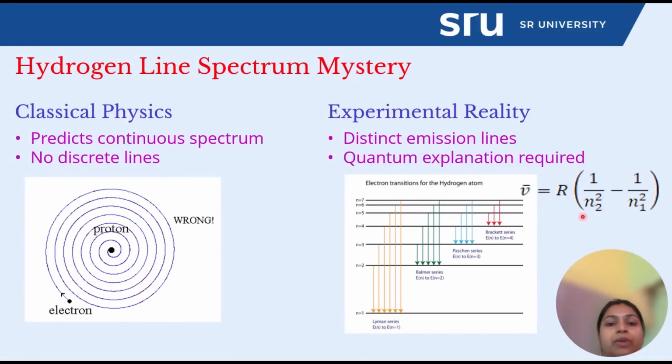So we can conclude that the hydrogen line spectrum posed a profound challenge to classical physics. It hinted at a hidden structure within atoms, one governed not by continuous variables but by discrete energy levels. Understanding this mystery marked the beginning of the quantum revolution.